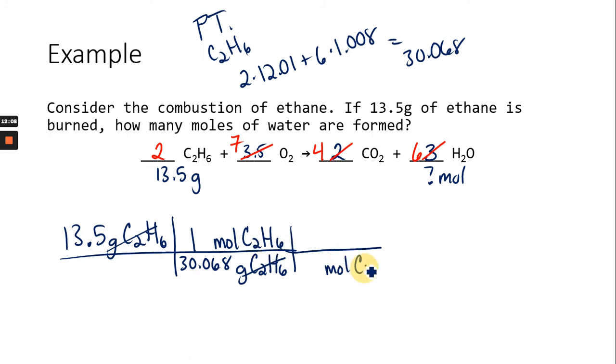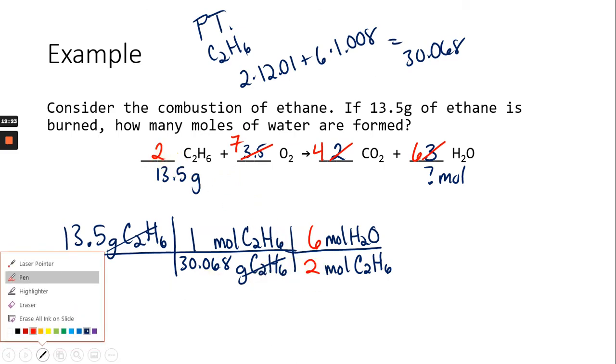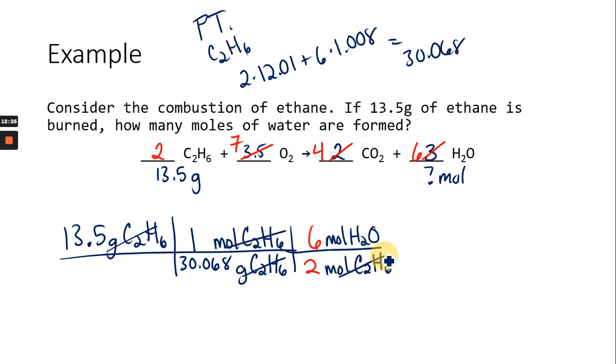Moles of your given substance are always on the bottom. Moles of the unknown substance are always on the top. Then we can use the coefficients from the balanced equation. 6 waters, 2 ethanes. So when we multiply and divide, the moles will cancel. And that leaves us with moles of water, which is what we're looking for.